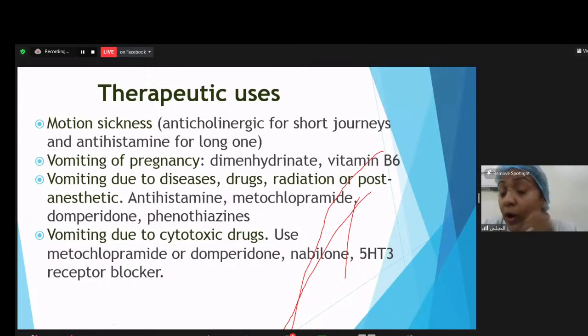But if you are going to use them for a long time, you have to bear in mind the side effects of these drugs. For vomiting due to cytotoxic drugs, we have metoclopramide, domperidone, nabilone, and the 5-HT antagonist receptors, all the ondansetrons. All these drugs can be used for vomiting.